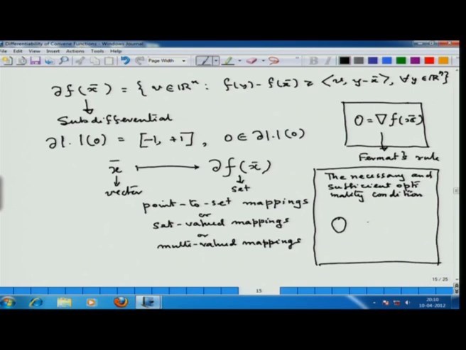It now changes from an equation to an inclusion, to what would be called a differential inclusion. So, x bar is a minimum of a convex function if and only if 0 belongs to this.